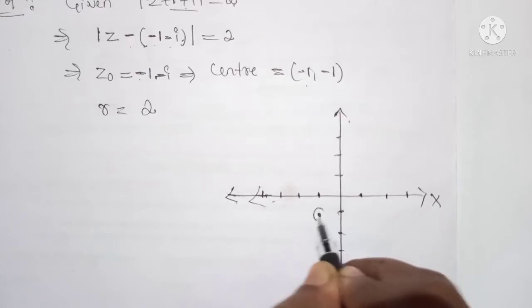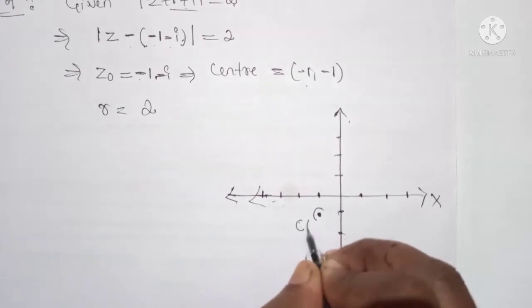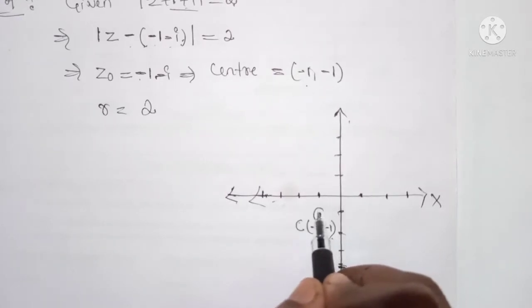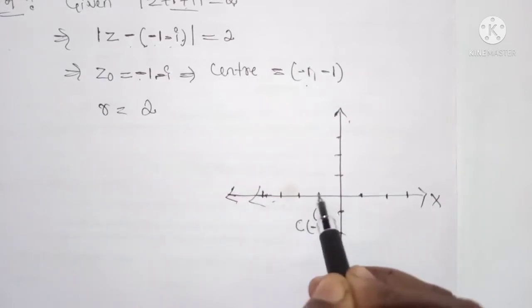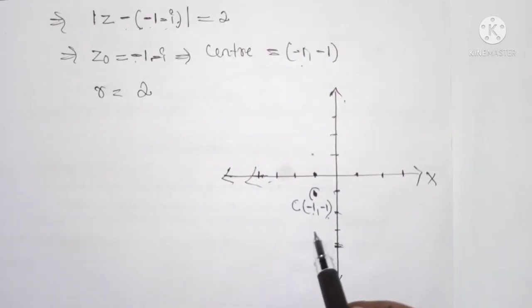Now draw a circle with radius 2 with this center. This is 1 unit, here we get 2 units. Similarly 1 unit, 2 unit.